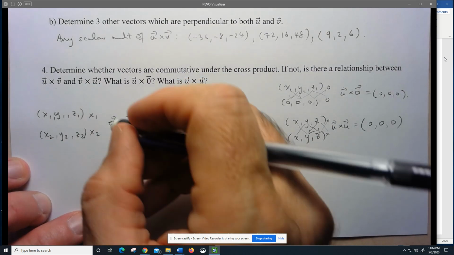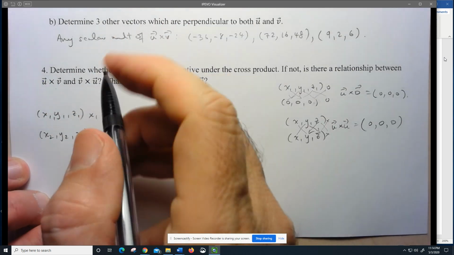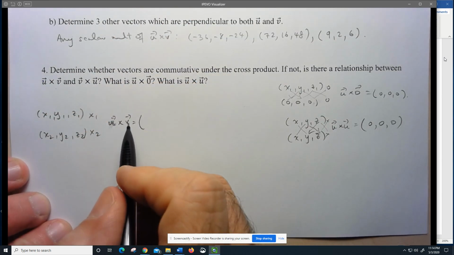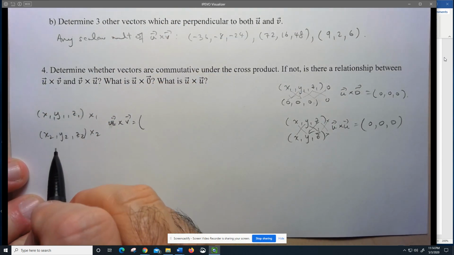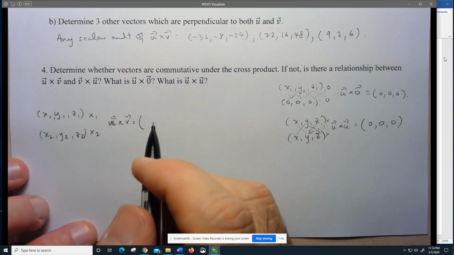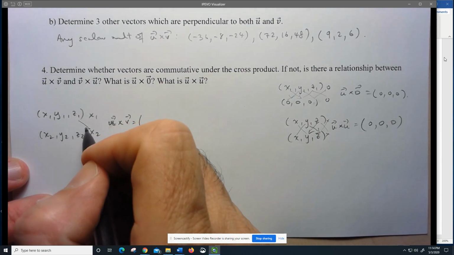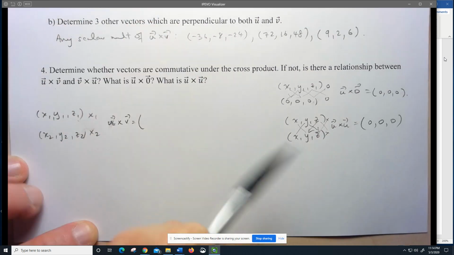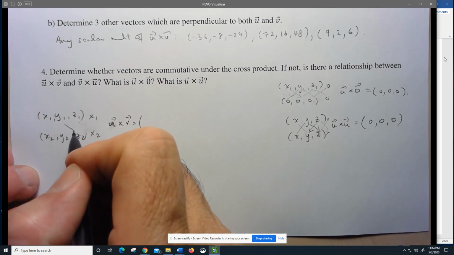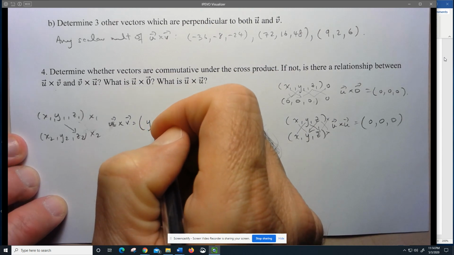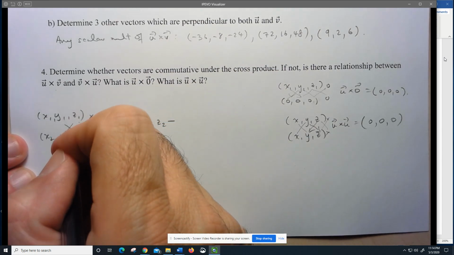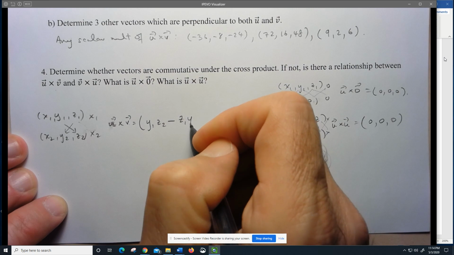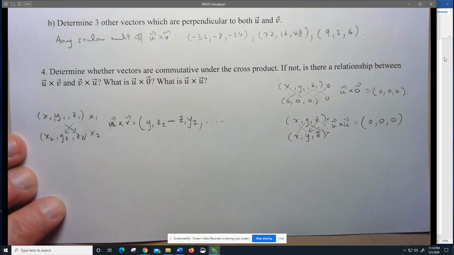I think we'll see what's going on here just with the x. So let's go in the order u cross v. So you see that the vector u is on top, v is at the bottom. So let's just do that first. We're doing the x component, so we're hiding the x. So we're doing y1, z2 minus z1, y2. And so on and so forth.